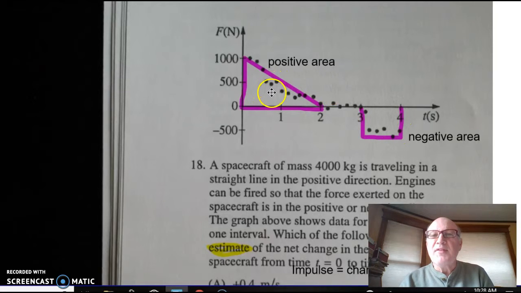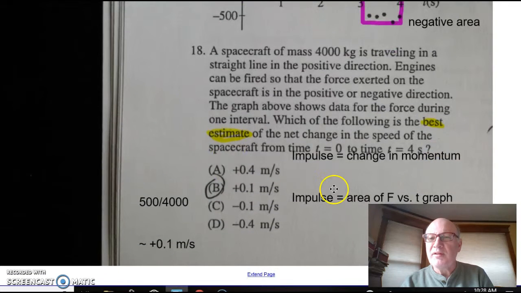Minus 500 plus 1,000 is a net area for the whole 4 seconds of plus 500 units. So that's our impulse. The area of the force versus time graph is 500 units of change of momentum. The impulse is equal to the change of momentum.